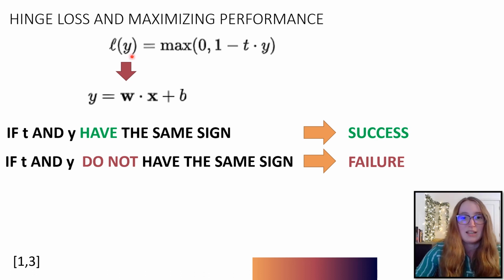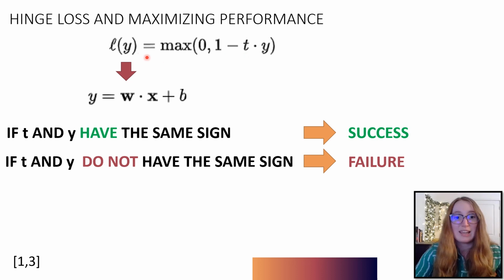This here is the hinge loss function, where t can be equal to either positive or negative 1, and y is the output of the classifier, which is also either positive or negative in sign. To elaborate a little bit further, y is dependent on the parameters of the hyperplane, w and b, in the input variable, x.